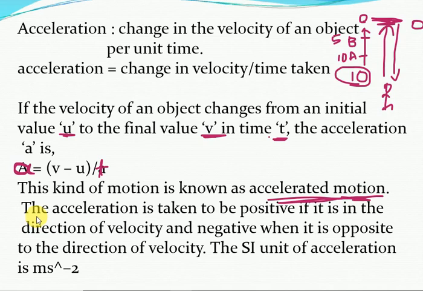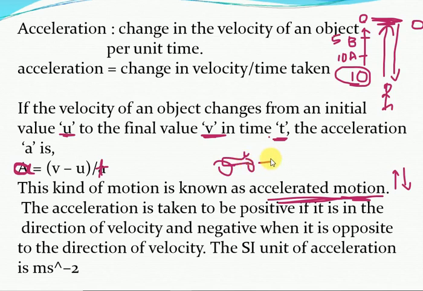In case of decelerated motion, that is retarded motion, the velocity of the body keeps on decreasing. For example, if you apply brake, the speed of the vehicle keeps on decreasing and finally it will become zero. So that is called retarded or decelerated motion. We'll talk about retarded motion later on.